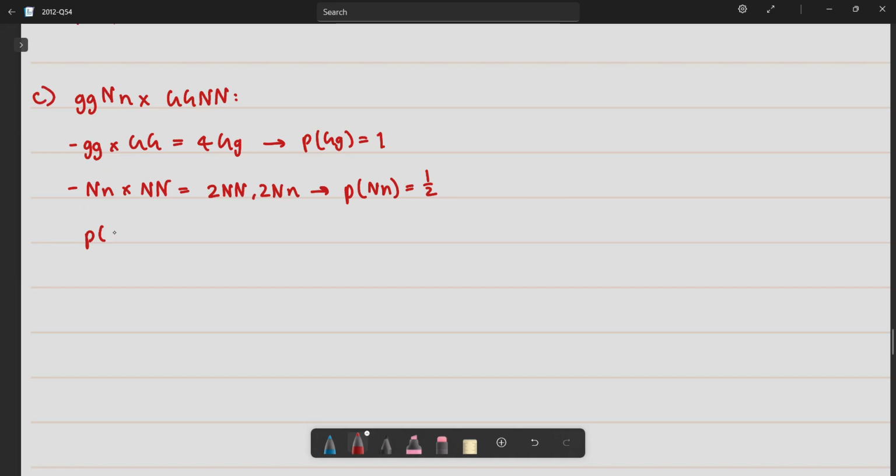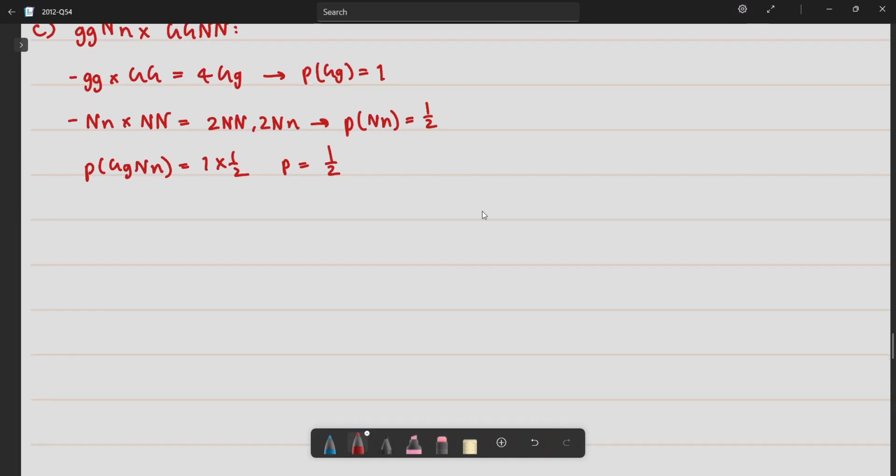So the overall probability of having offspring of this genotype is half. This might have a higher chance, but it is similar to option A. So we can easily cancel these two out because we must find the one with the highest. Since these two have the exact same percentage, in the exam the quickest way is to cancel them out, because there's only one option you can choose, unless the question says you can choose two options. We'll get to that later.